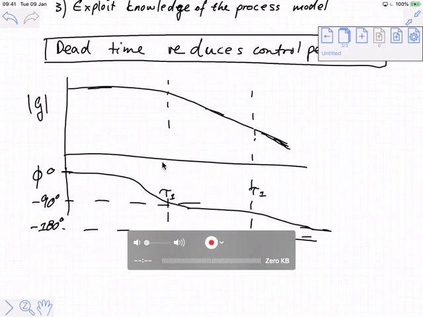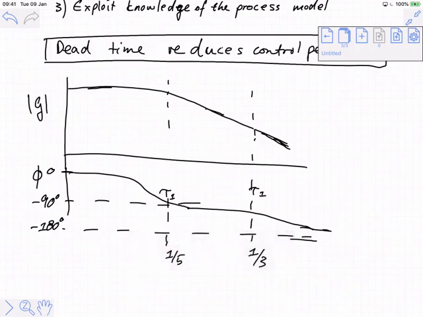So let me see if I can remove this. Let's see if it disappears. Yes. So I've got my time constants in that order. 1 over 5 is less than 1 over 3, so that's the order in which they come. And for just that second order system, that thing will asymptotically go to minus 180.